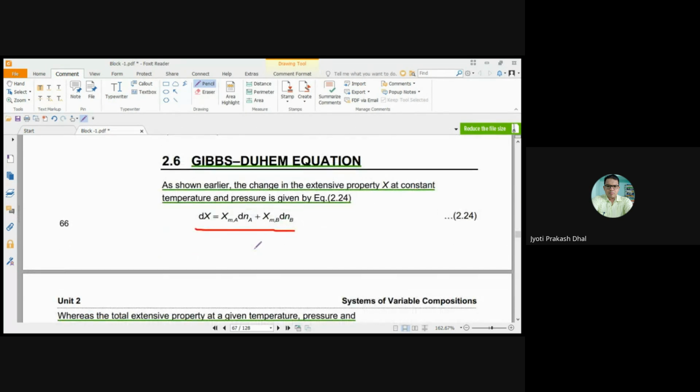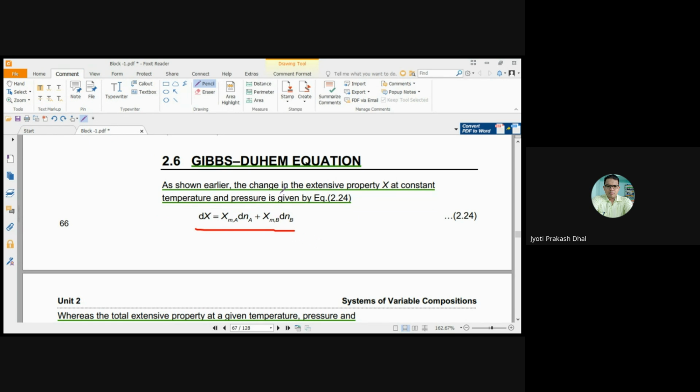Now coming to the next equation, that is called the Gibbs-Duhem equation. So that is one long question. As we have already discussed, the change in any extensive property at constant temperature and pressure, so at constant temperature and pressure, dT will be equal to 0 and dP will be equal to 0.